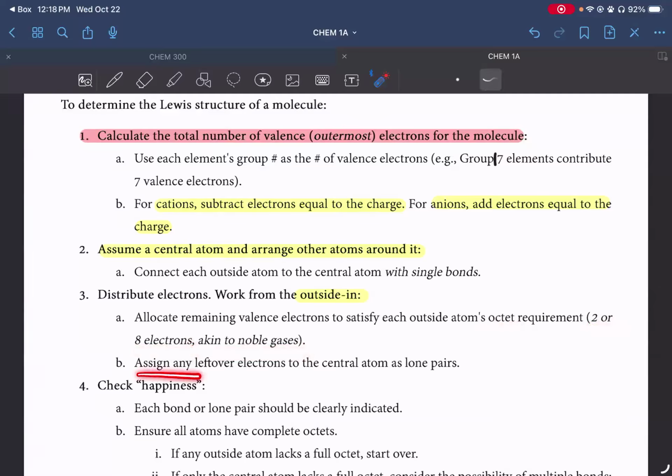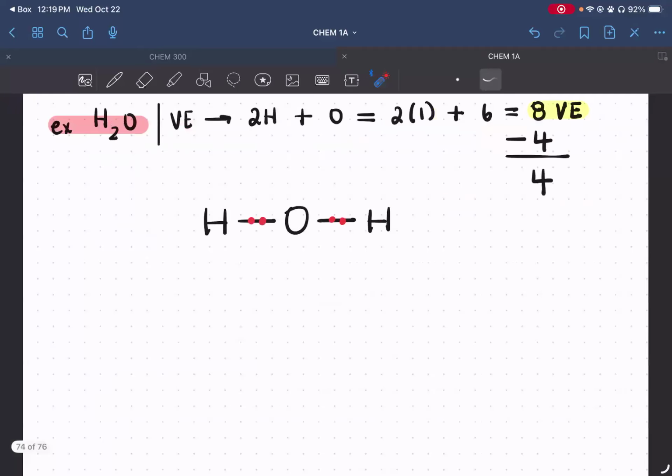You will then assign any leftover electrons to the central atom as lone pairs. So that's where that outside in comes from. You're going to satisfy the outside atoms first, and with whatever electrons you have left, you're going to assign them to the central atom. I see a hand, Sarah.